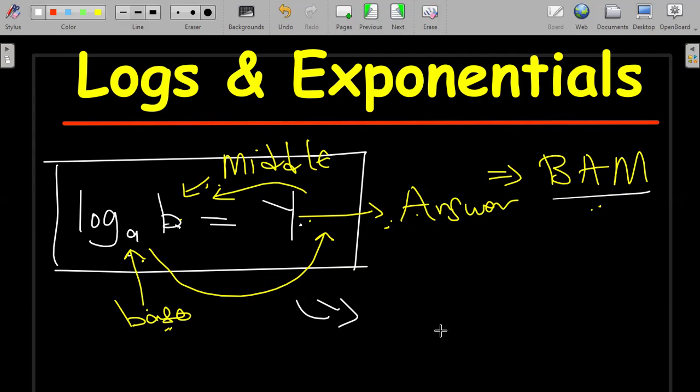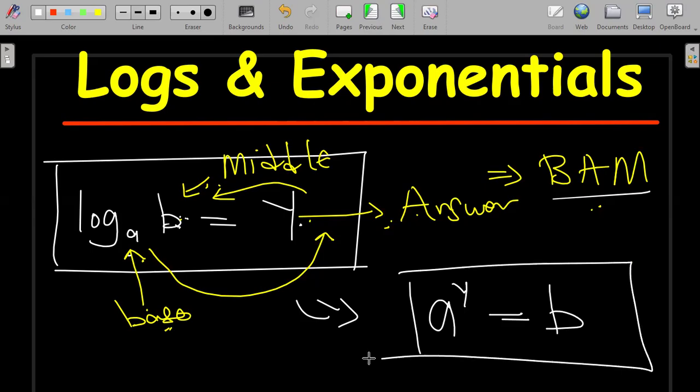Simply meaning that A, which is the base, to the power answer, which is Y, is equal to what is in the middle, which is B. So we can convert from log to exponentials or exponentials to log using what I've said there. That's the formula that we are going to be using when we want to convert from one form to the other.